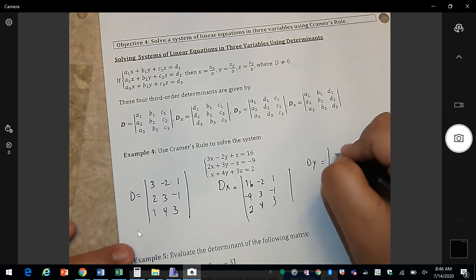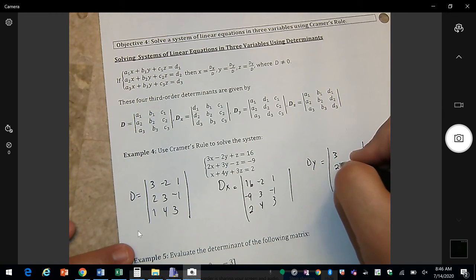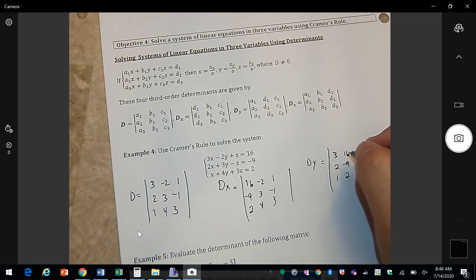which is the coefficients of x, the constants, and the coefficients of z.